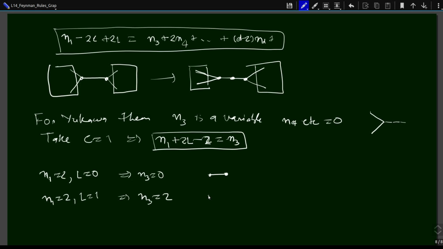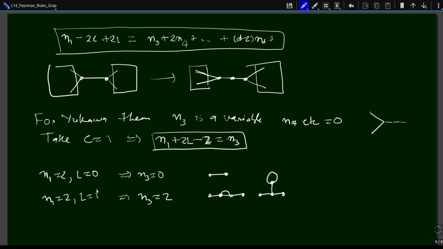The diagrams that you see are of this kind. One diagram of this kind, one diagram of this kind. Okay, we saw these 2 diagrams. Okay, that belongs to n1 equal to 2.